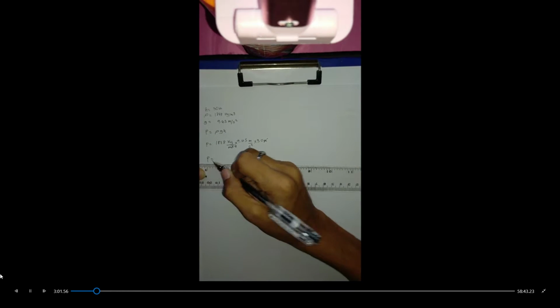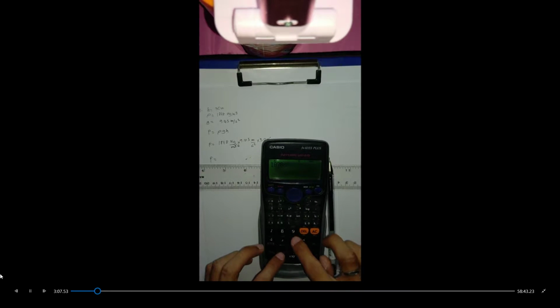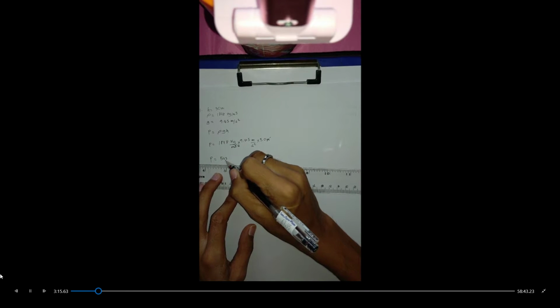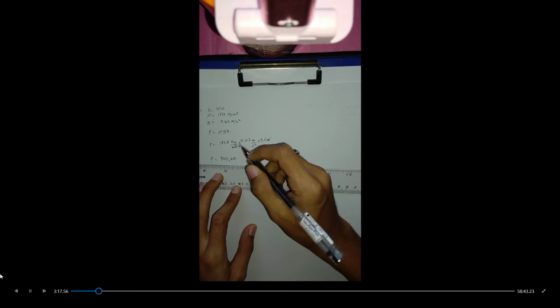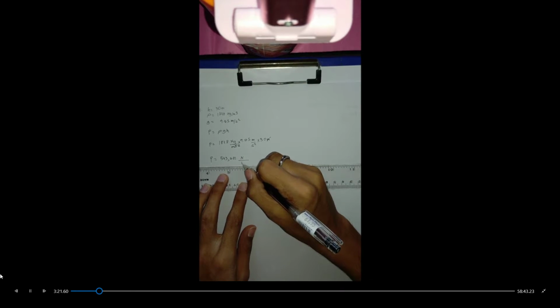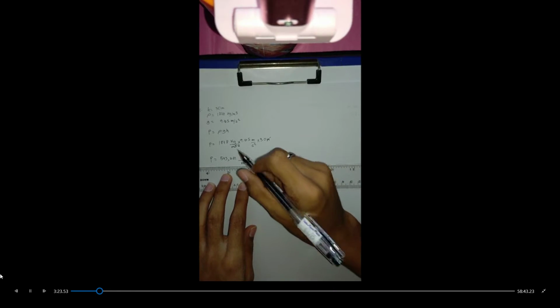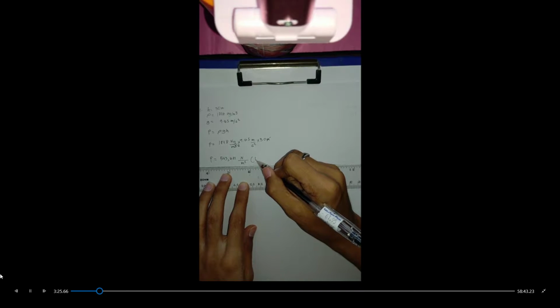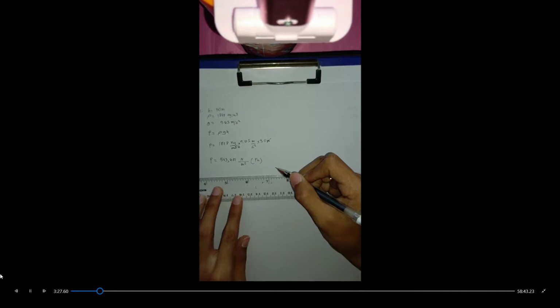Multiplying the values, 1878 times 9.65 times 30 gives us a value of 543,681, and the resulting unit is Newton per meter squared, which is equivalent to a unit of Pascal.